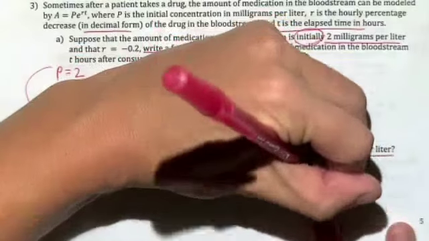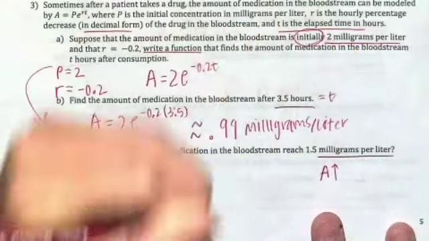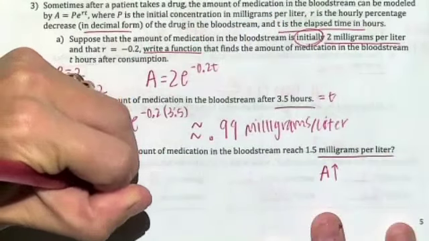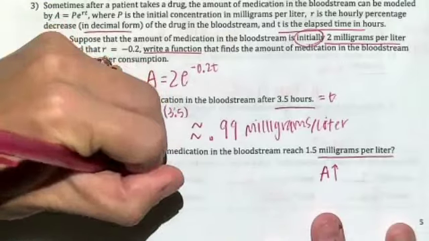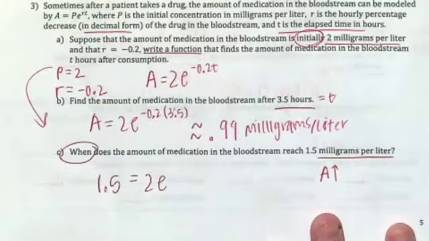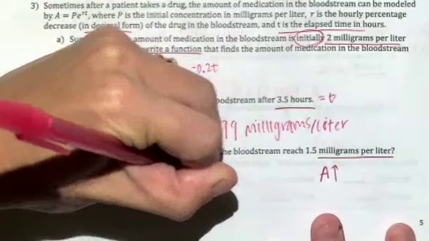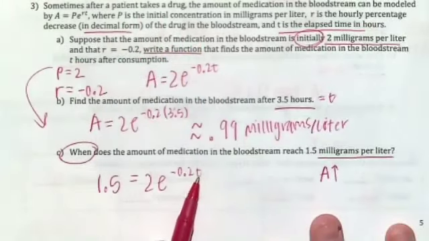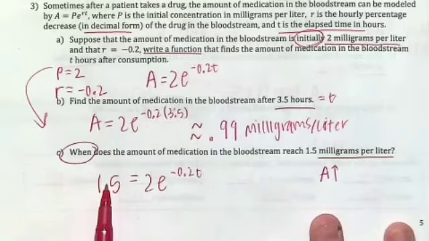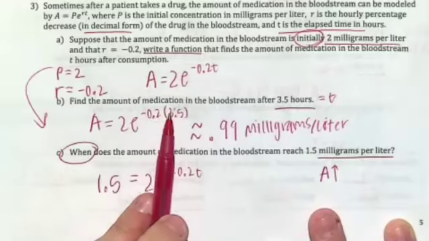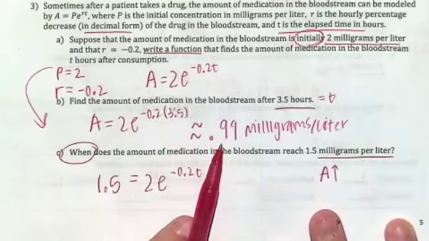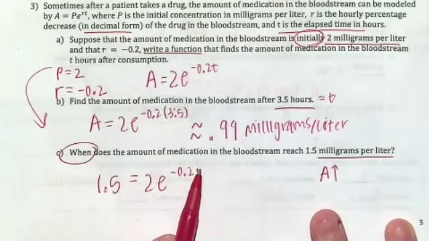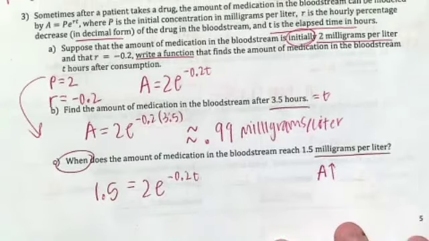So it's giving me the A. It's saying when A is equal to 1.5, how can I find how much time that represents? How much time would give me an output of 1.5? We know that 3.5 gave us an output of 0.99, but what T gives us an output of, I'm sorry, of 1.5.